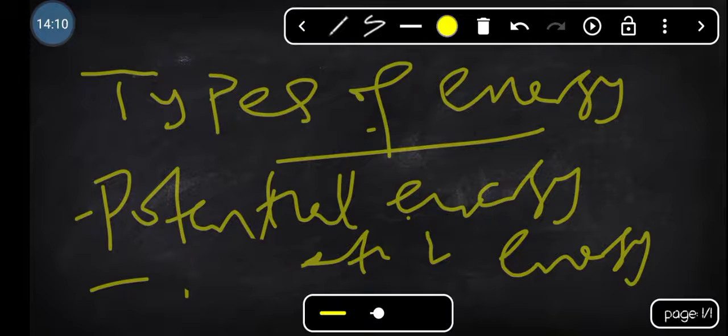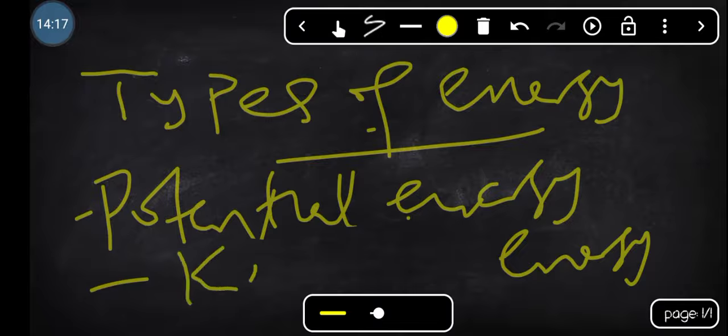Let me write the kinetic energy well so that we can know the spelling. So that is kinetic energy. Two types of energy: potential energy and kinetic energy.